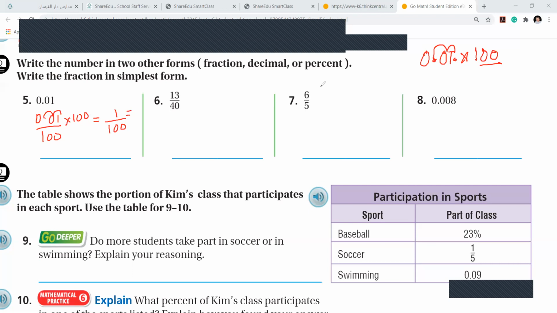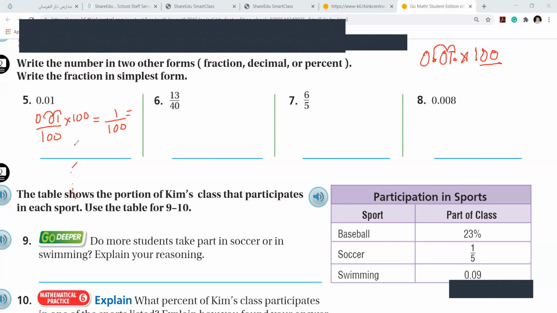Yeah, I understand. I got 1 over 100. And they told us they also want it in fraction.